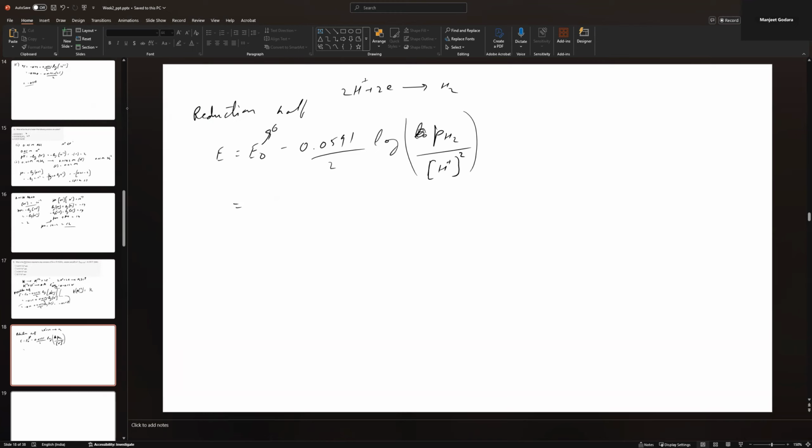Okay, 0 minus 0.0591 divided by 2 log of, I take that minus sign inside, log of H plus ion concentration squared divided by P H2.